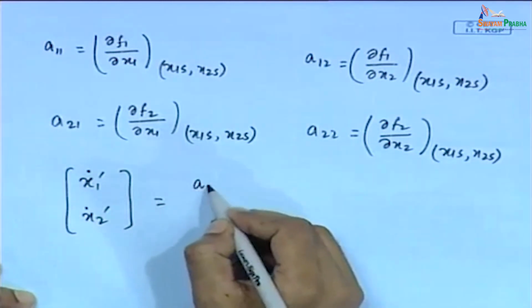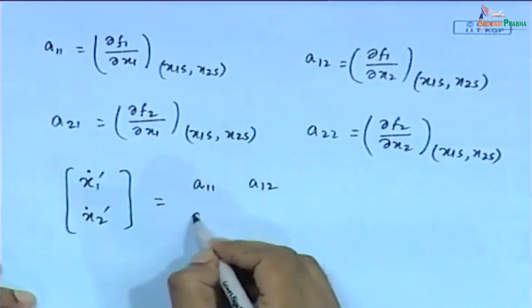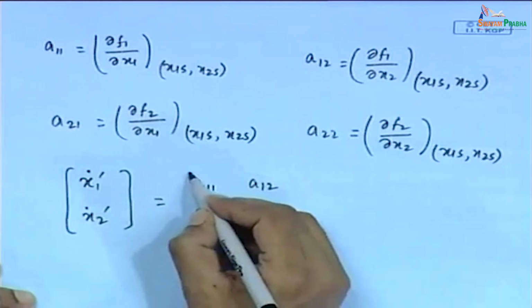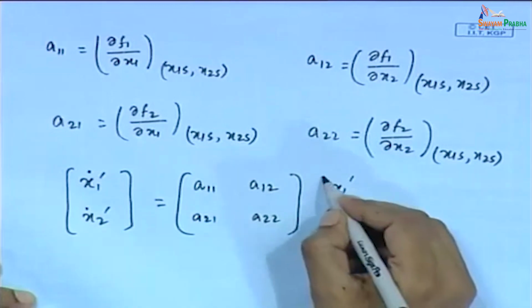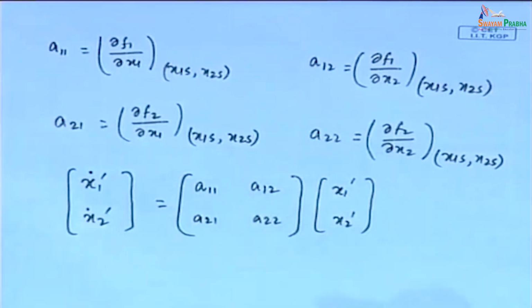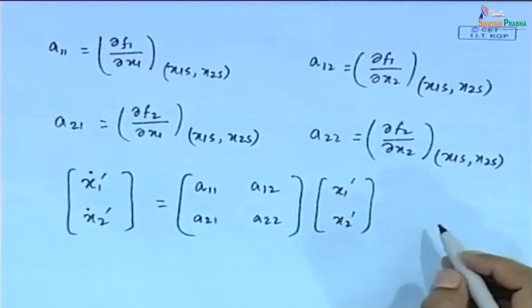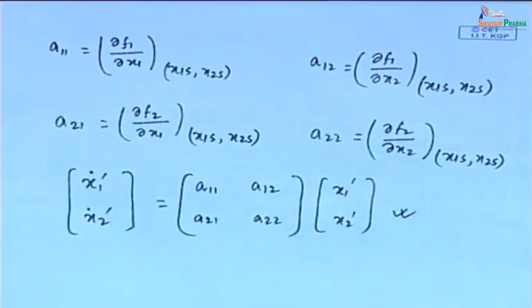So, the coefficient matrix with A21, A22, multiplied by x1 prime, x2 prime. Fine. Is this equation okay? So, this is the linearized form for a multivariable system. In this multivariable system, we have considered only two state variables. Fine. So, similarly, we can derive the expressions for more than two variables.